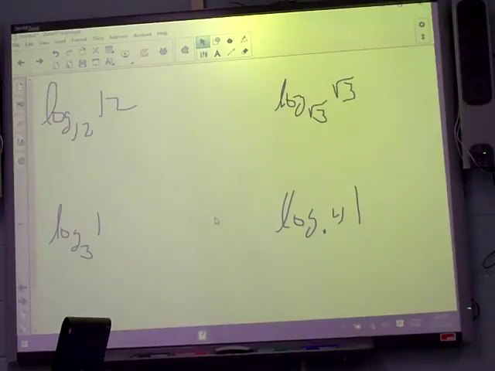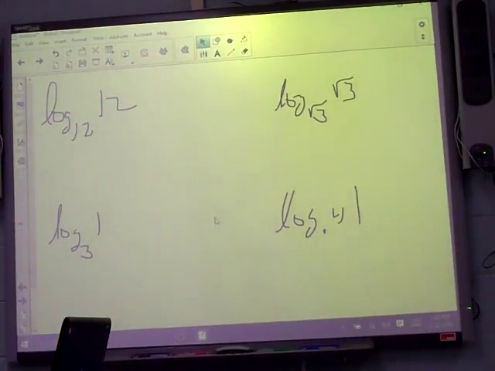Alright, so first off, grab a calculator if you got one around. The far left side next to the 7 is a log button. See that? That only works if it's log base 10. Log base 10, which we're going to talk about next week, is called a common log.